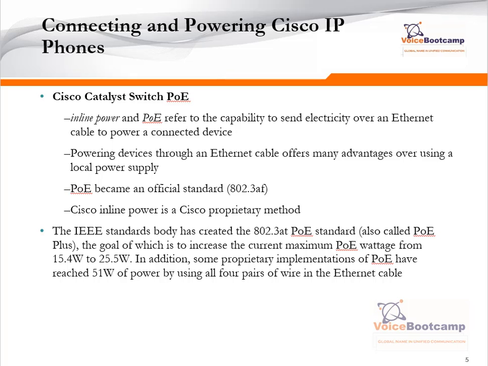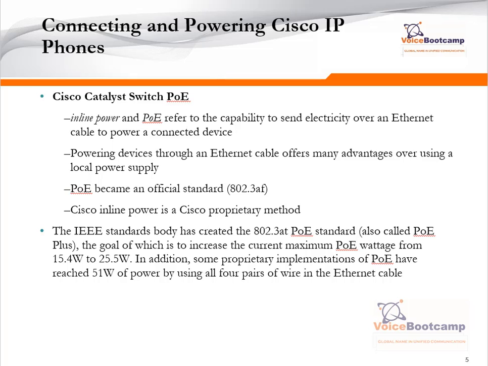Power over Ethernet or PoE became an official standard under 802.3af. So if you're buying a switch, make sure that it supports 802.3af standard. Cisco inline power is a Cisco proprietary method. Now obviously only Cisco devices, not all devices will support this.